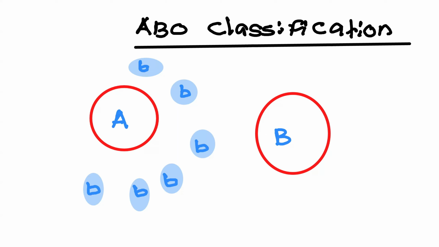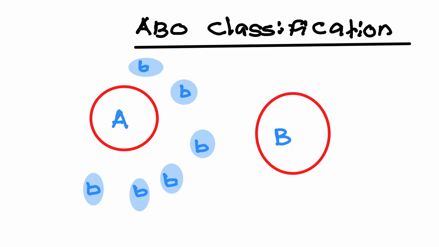A does not like B, therefore he produced anti-B. So this is called antibodies. This is called an antibody. So what has A produced? Is A an antigen or an antibody?